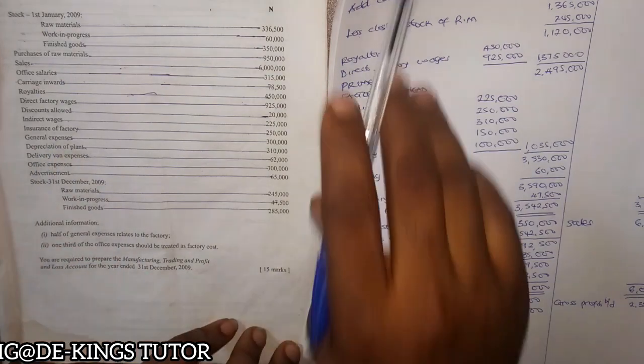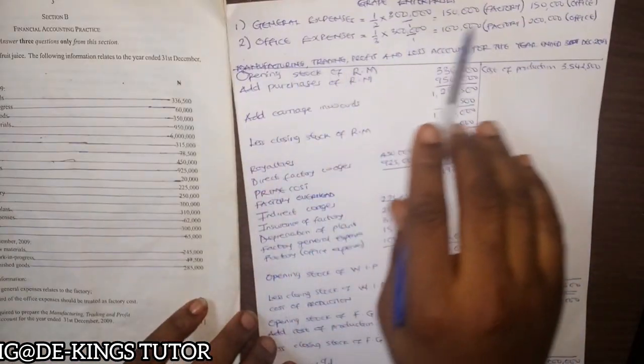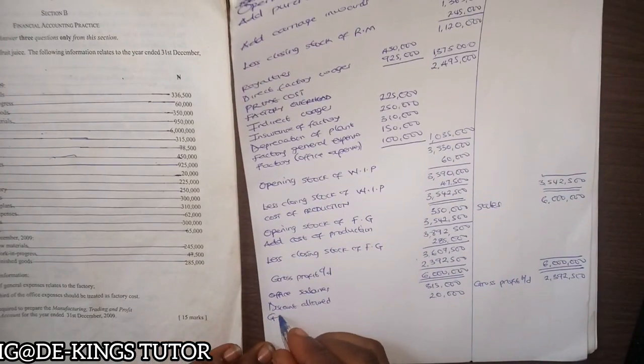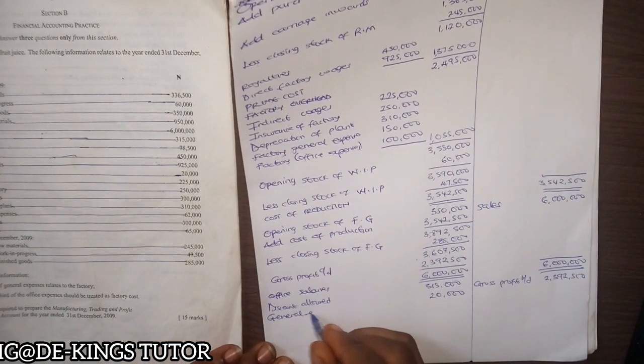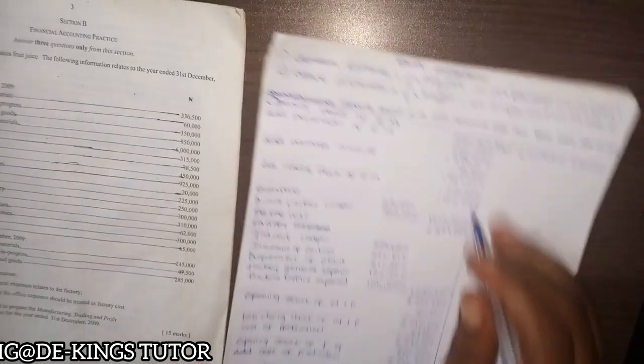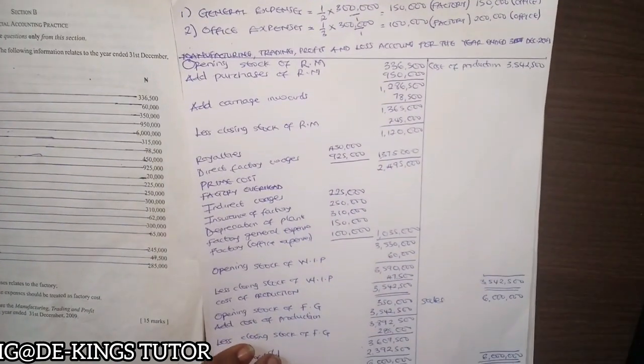Then the next one is the general expenses. We did adjustment, that of office. Okay, so I have general expenses office. So is what 150,000.